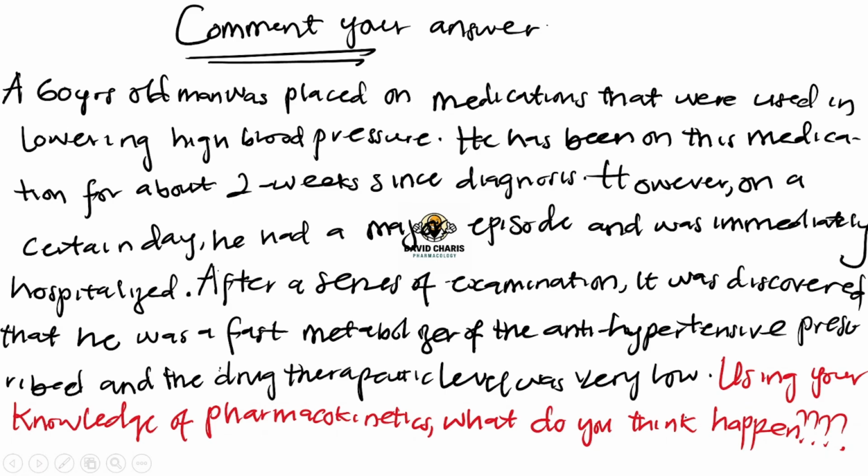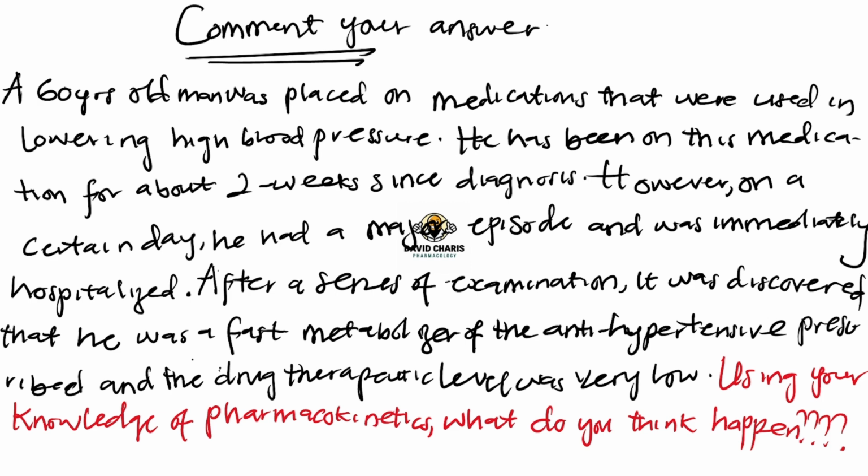I want you to look at this question and comment your answer below. A 60-year-old man was placed on medication used in lowering high blood pressure. He has been on medications for about 2 weeks since diagnosis. However, on a certain day, he had a major episode and was immediately hospitalized.